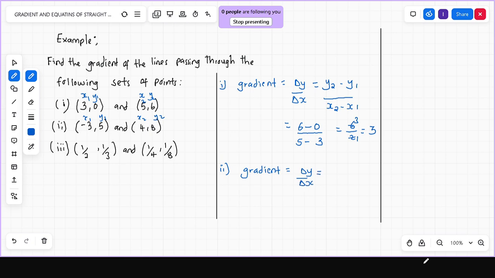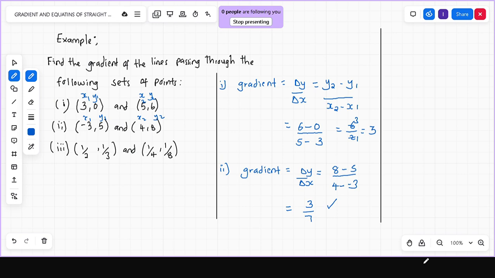So y2 minus y1: y2 is 8 and y1 is 5, so that's what I've just subtracted. Then x2 is 4 and x1 is negative 3, so 4 minus negative 3. So 8 minus 5 is 3, over 7. So this is the gradient of the second line.